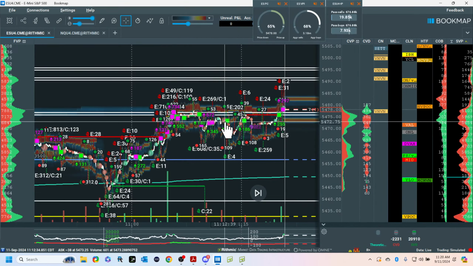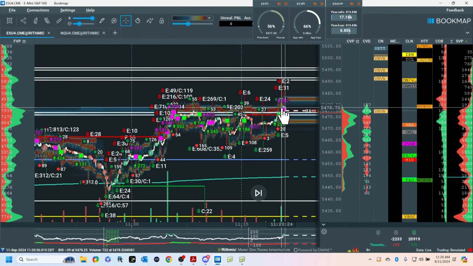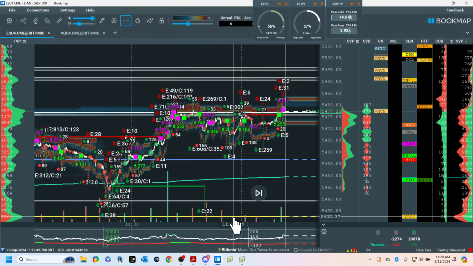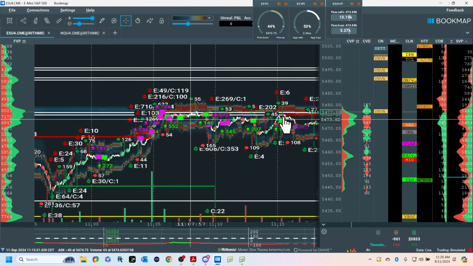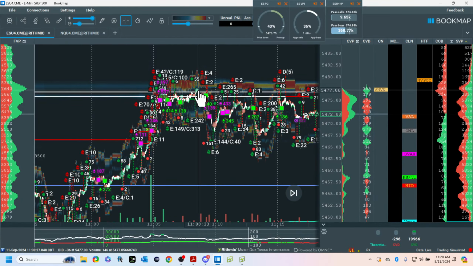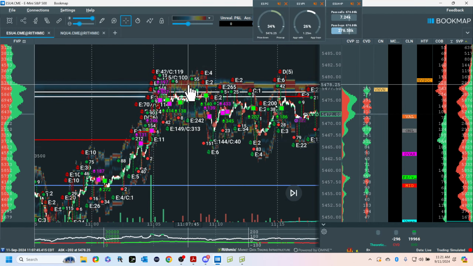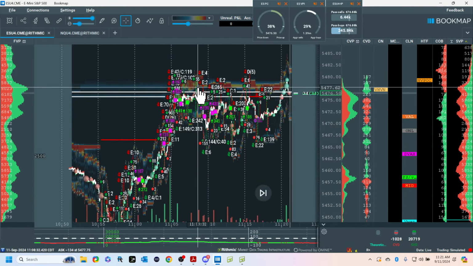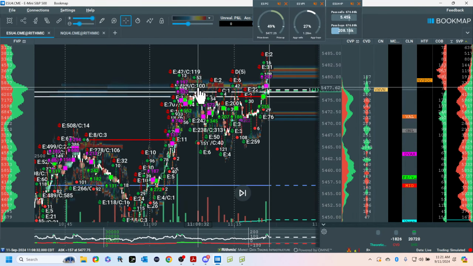So if you took this right here, it would be a short and you'd be looking for this. If you took this trade, you would have a scale because this is your entry. And then your stop would be above here and you'd get taken out of it. I'm just showing you trades. That's all it is. I'm not calling them.